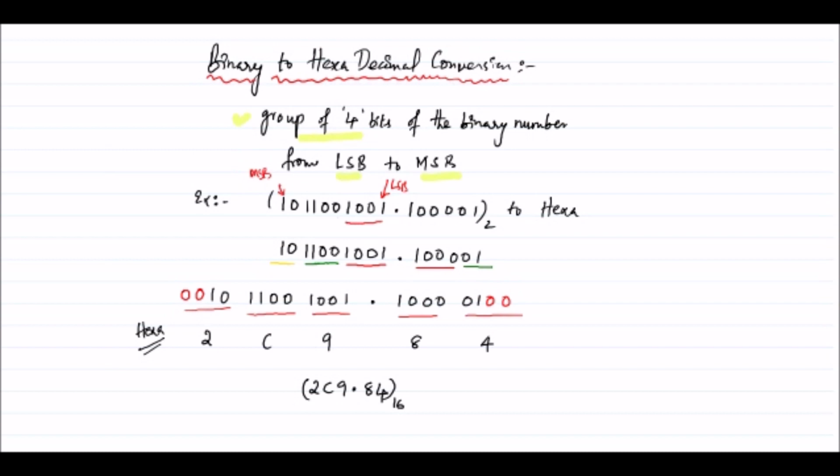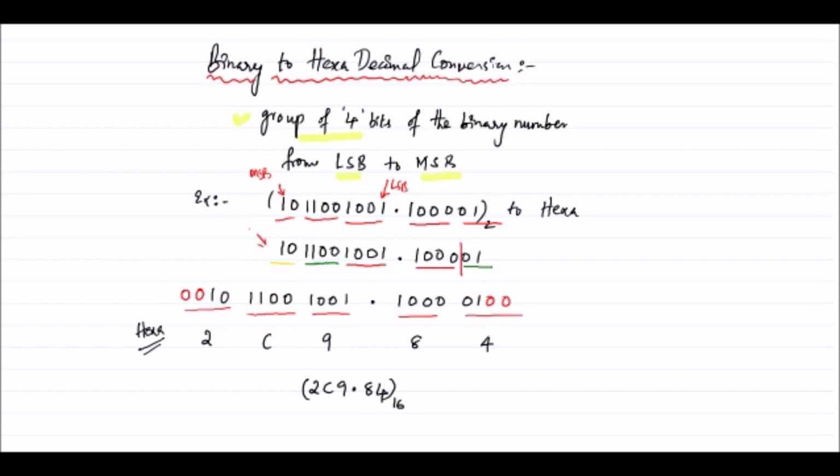So I group 4 digits. Okay, after the decimal point we need to group 4 bits. So I have written it on the bottom like this. As you can see, in the last group 10 we have only 2 bits, and in this 01 also.